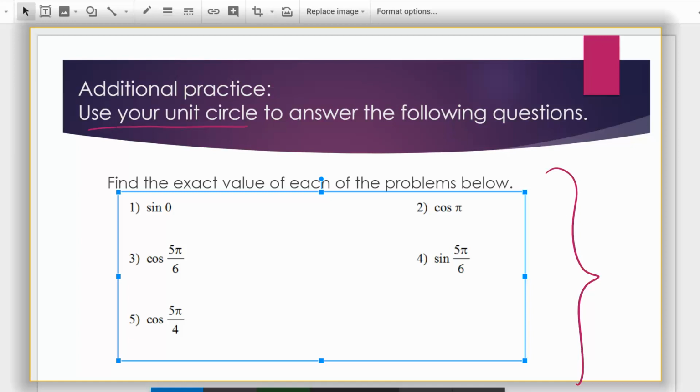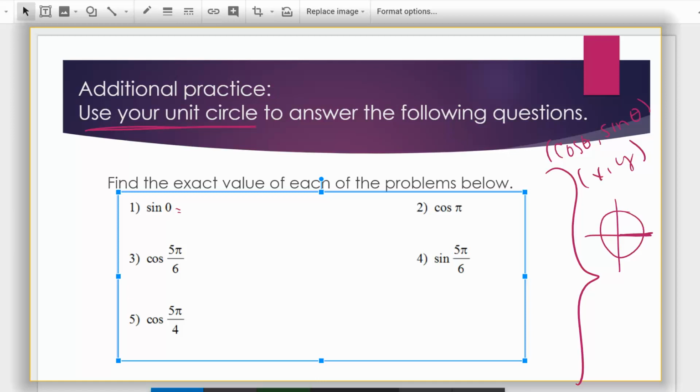And you're going to use your unit circle to help you discover what these are equal to. So you're going to need to know that cosine theta and sine theta are your x and y values in the coordinates. Then you're going to go to your unit circle, and where is sine 0 at? Well, everything is 0 along this line. So then what is your value of sine?